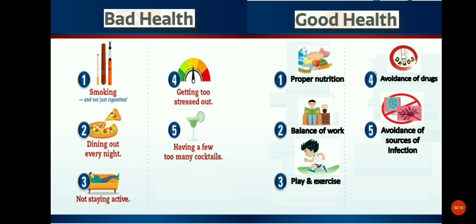But good health practices include proper nutrition, balance of work, play and exercise, avoidance of drugs, cigarettes and other substances that can cause illness, and also avoidance of sources of infection.